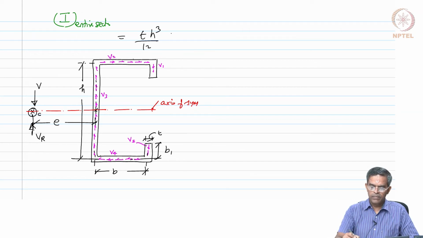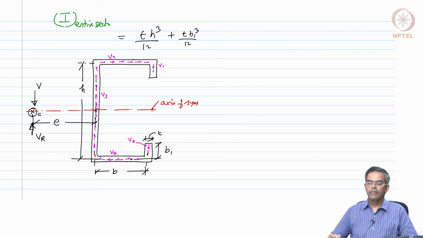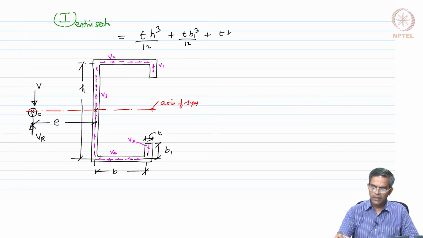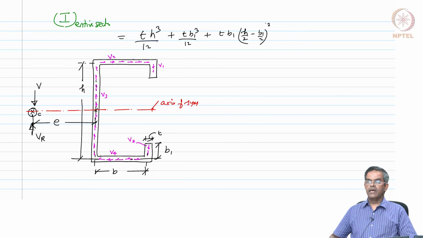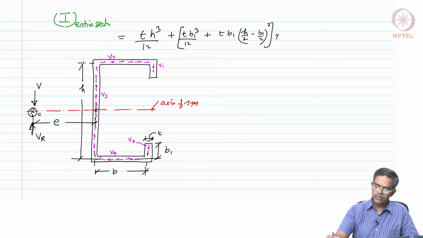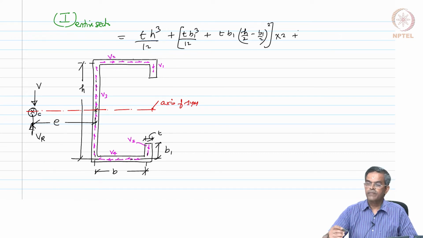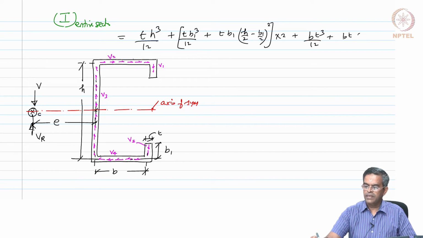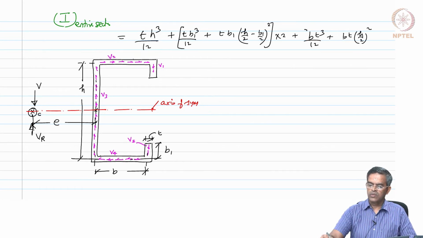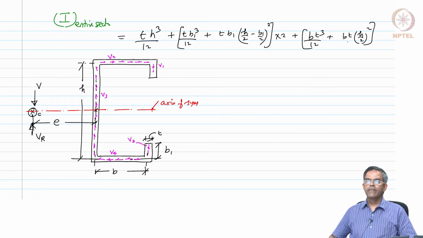T h cube by 12 plus T B1 cube by 12 plus T B1 times h by 2 minus B1 by 2 the whole square, A k square, parallel axis theorem. There are two such pieces, plus B T cube by 12 plus B T h by 2 the whole square. Am I right? So, we have I here.